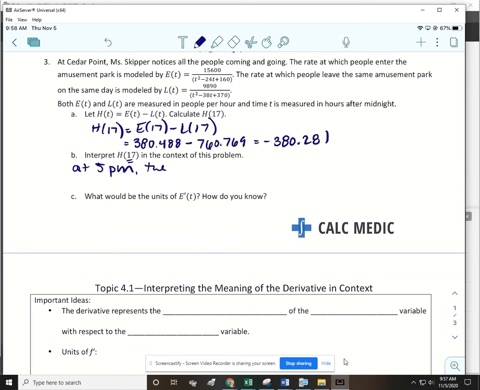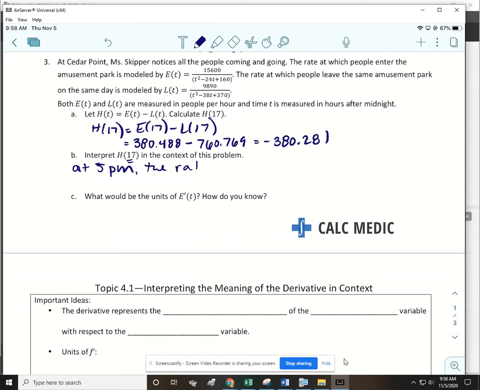All right, and the H of t is going to be, we're going to say the rate.